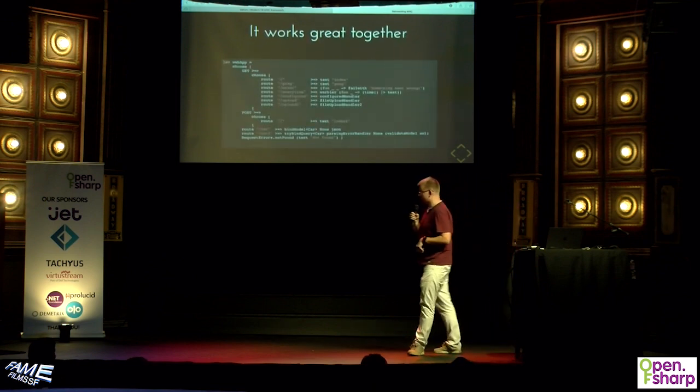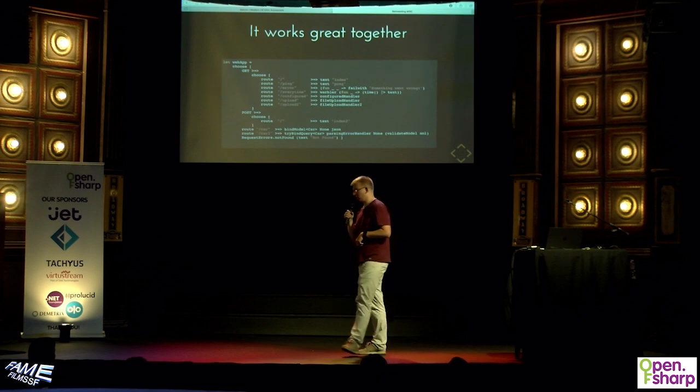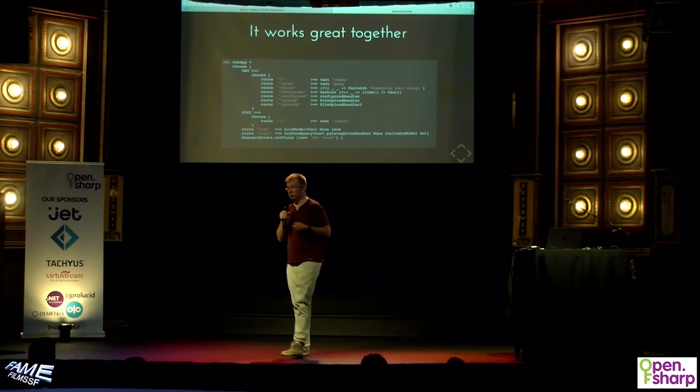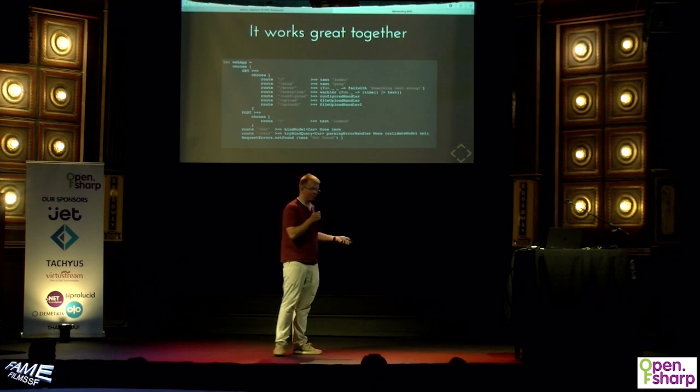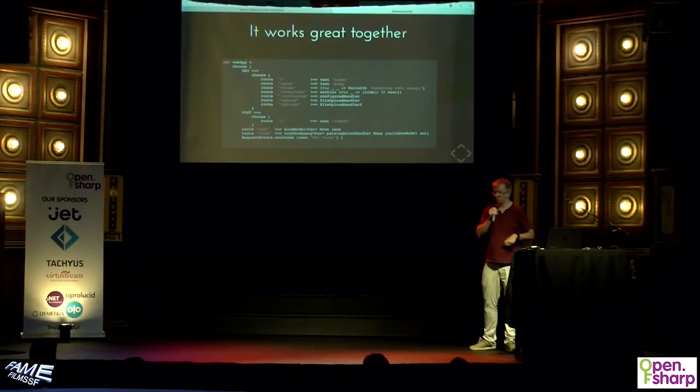So what it means in practice is that, first of all, it's all built on this abstraction of HTTP handlers. All those functions are using HTTP handlers or web parts, which means that we can easily compose them together. And if you think about that, using those two functions, the operator and the choose function, we can now model any decision tree that can happen in our web server.